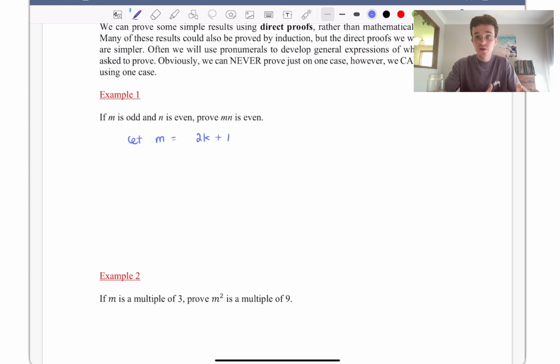We know if you multiply any number by 2, you get an even number, so if you add 1, you have to get an odd number. And we might say that n is 2j for some integer j, multiply it by 2, you get an even number. And we might say j and k belong to the integers.